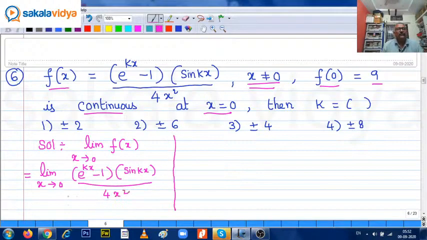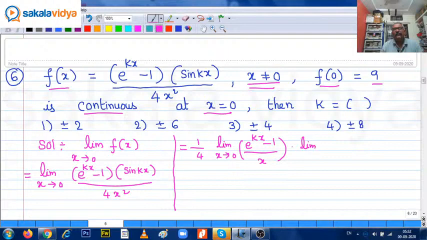So now 1 upon 4 take out common. Limit x tends to 0, e power kx minus 1 upon x. You can split like this. Again limit can be applied to the other function also. Limit x tends to 0, sin kx by x.